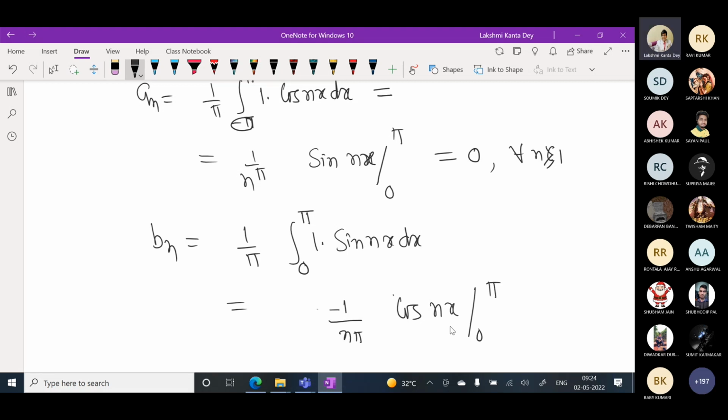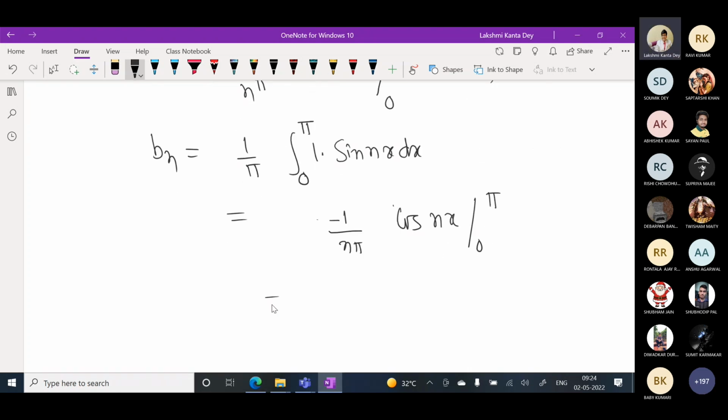Okay. Now we like to do this calculation. So this means minus 1 by n pi, cos n pi means minus 1 to the power n, minus 1. Okay. So that means 1 by n pi times 1 minus minus 1 to the power n. So that depends on the n.